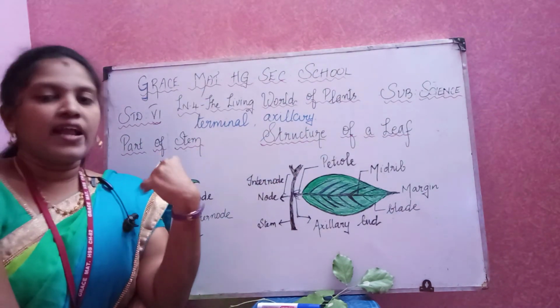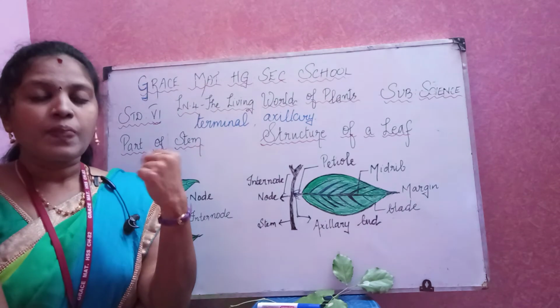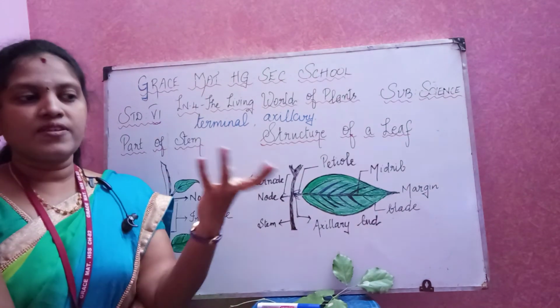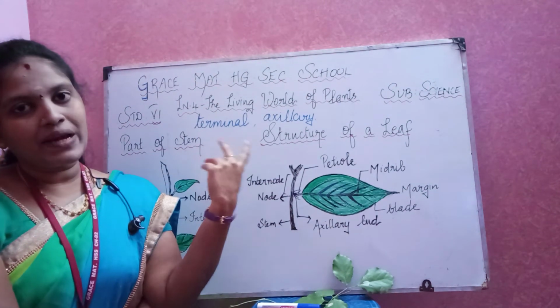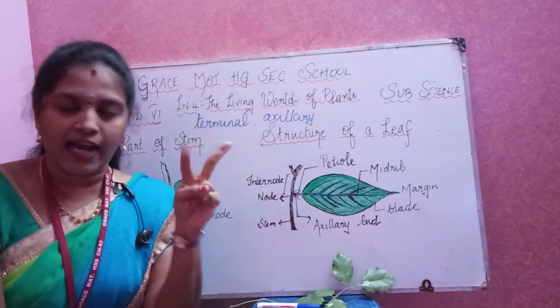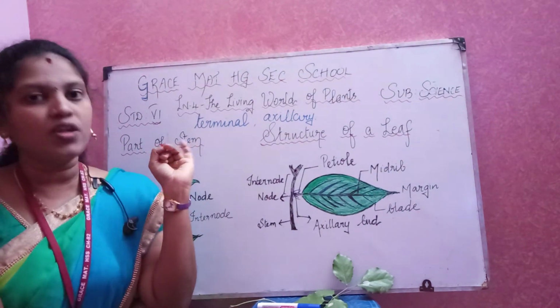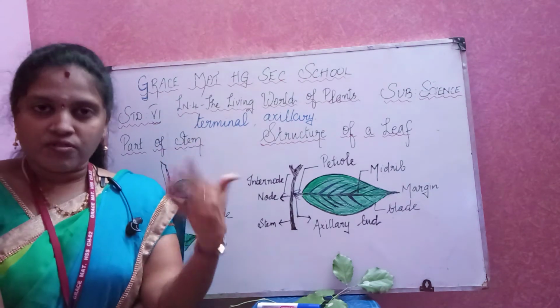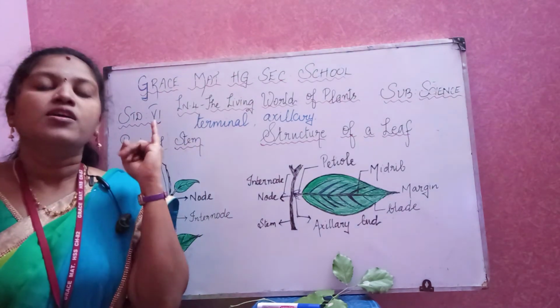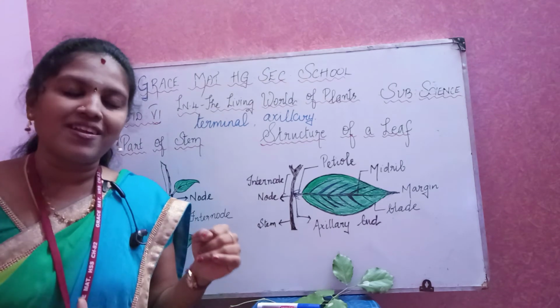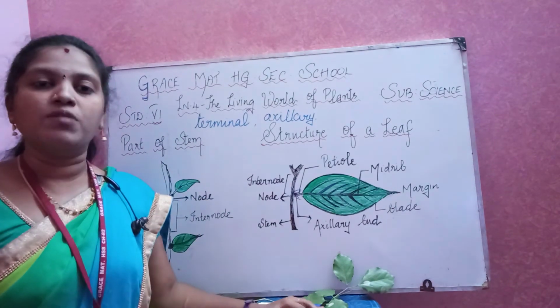Okay, children. Next, based upon the seeds. These plants can also be classified into two main types. What are they? One is the angiosperms. You would have learnt this in your 5th standard. I'm just trying to recall it for you. So one is angiosperms, another is gymnosperms.